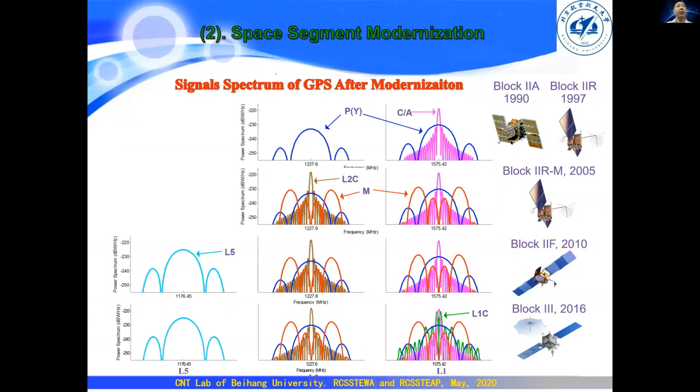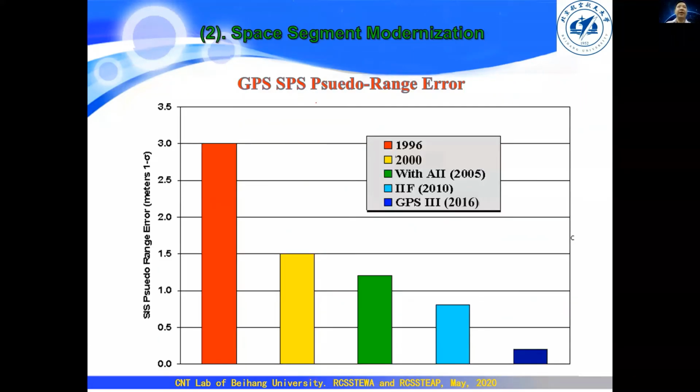So commonly, when the generations increase, the error range is decreasing. For example, in the year 1996, the error was 3 meters, and in 2000 it was 1.5, and nowadays we think it's only about 20 centimeters for the accuracy of the GPS.